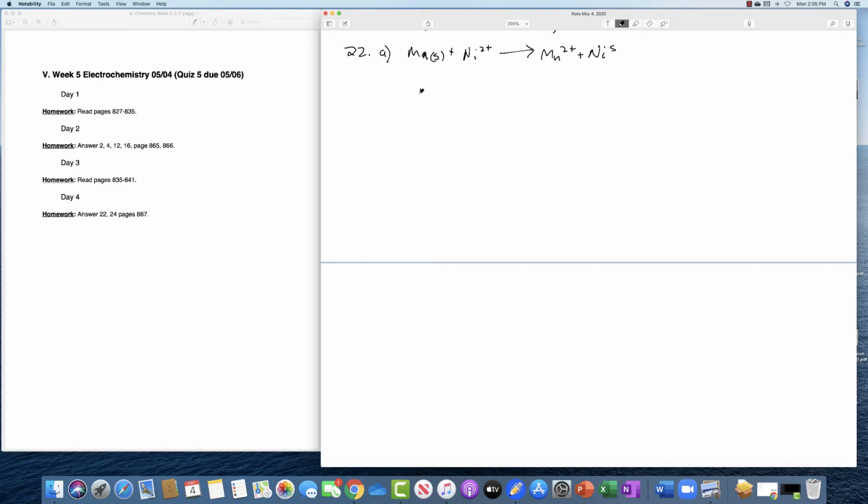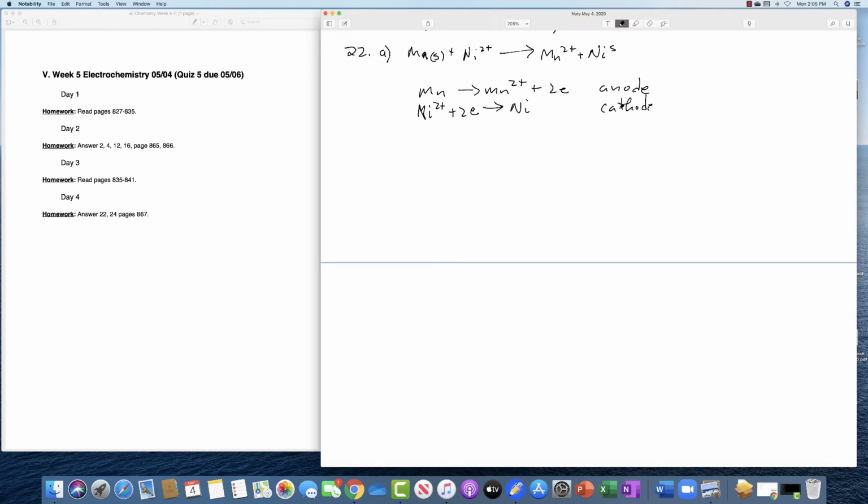The half reactions here: manganese goes to form manganese 2+ plus 2 electrons, and this is the anode. And it's important to designate which is the anode and which is the cathode because it affects your calculation. And then nickel 2+ plus 2 electrons goes to form nickel, and this is the cathode.